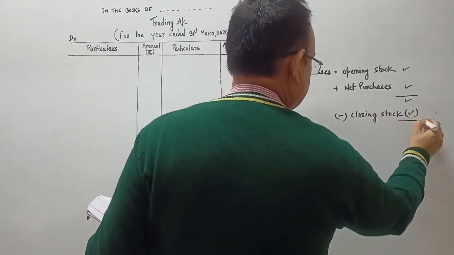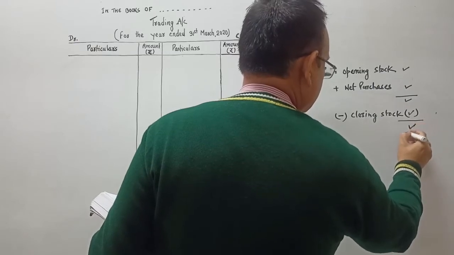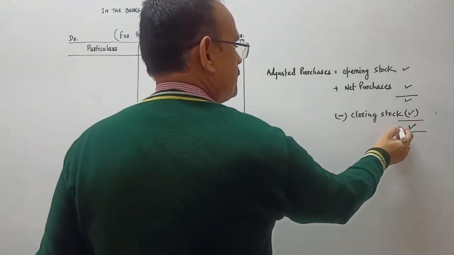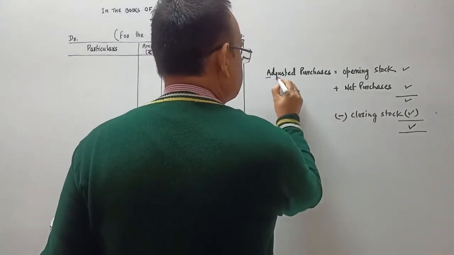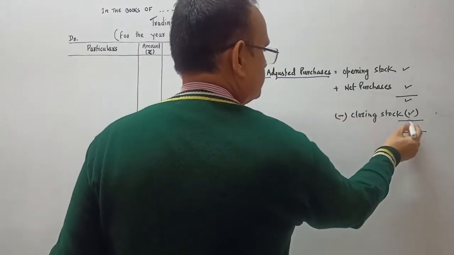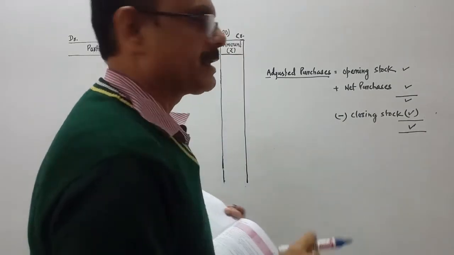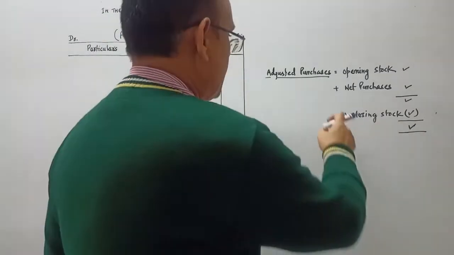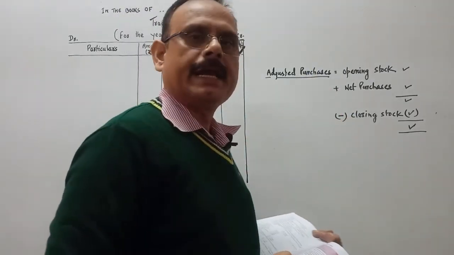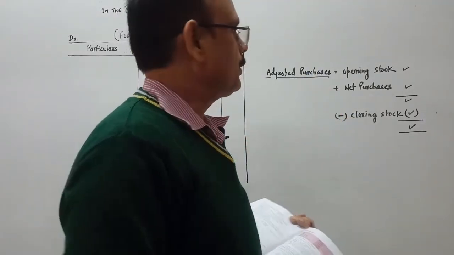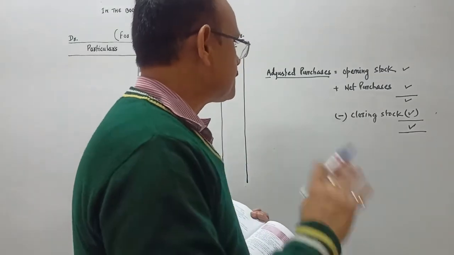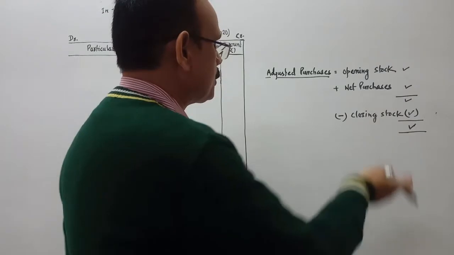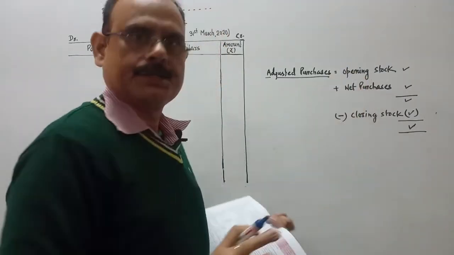You deduct it. So this figure is called adjusted purchase. So opening stock plus net purchase, meaning purchase less purchase return, minus closing stock will indicate adjusted purchase. So if the information of adjusted purchase is given, it means opening stock and closing stock is already adjusted.